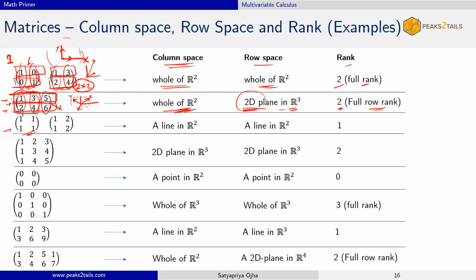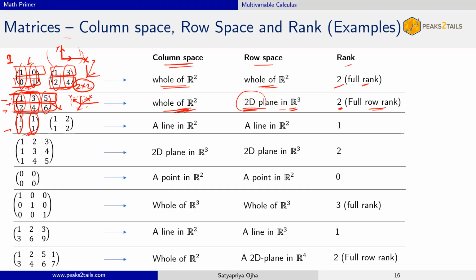Look at this matrix, 1, 1, 1, 1. How many linearly independent? What is the column space? This is one column, this is the second column. Are these repeating vectors? Are these independent or dependent? These two column vectors are the same vector, they are dependent, right?